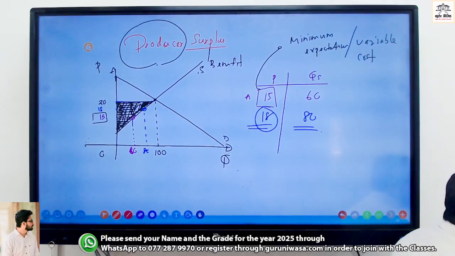That is called the minimum supply price. Yes, but 15 is above the starting point of the supply curve, because I have taken one point on the supply curve. That point is above the minimum supply price. The minimum supply price might be 10 rupees here.